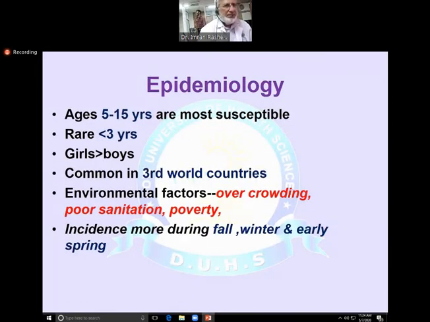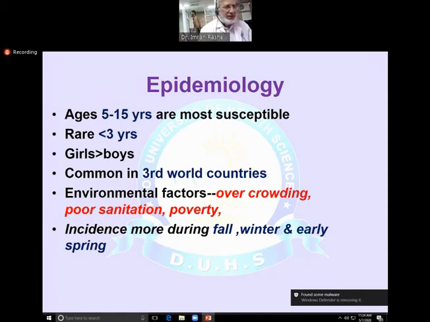Now the epidemiology. The age is 5 to 15 years. That is the most susceptible age for getting rheumatic fever. That is school-going age.